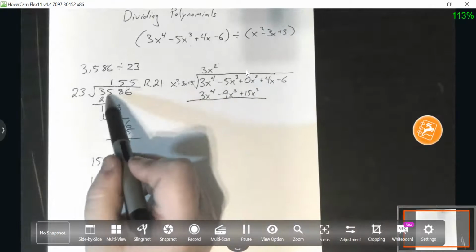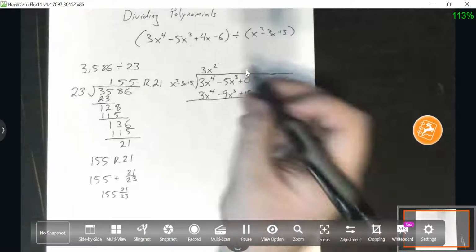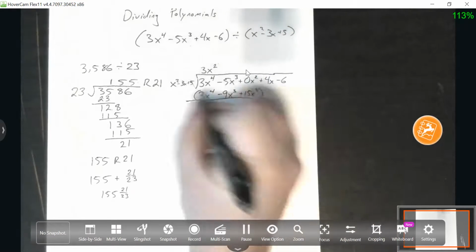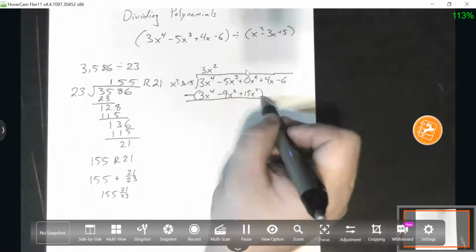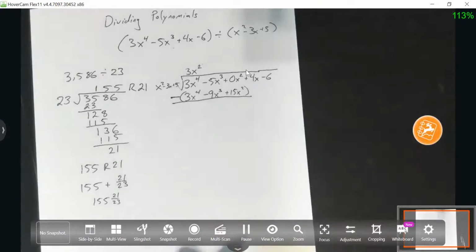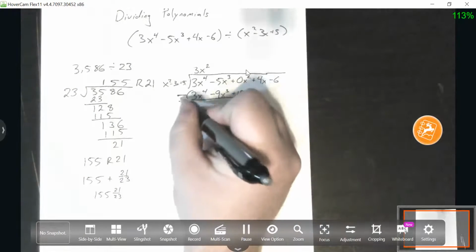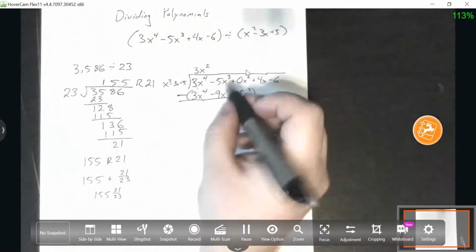Now, when we did this over here, we then subtracted, and we're going to do that exact same thing. We used to use a little mnemonic: draw the line, reverse the sign. So we draw the line and subtract. 3x to the fourth minus 3x to the fourth cancels.